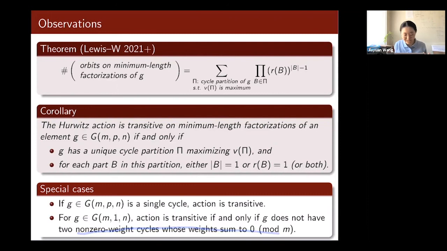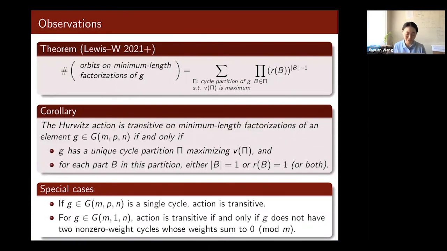In G(m,m,n), the action will be transitive. Really the criterion is that we need a unique cycle partition, and also for every part, we need the rank to be 1.